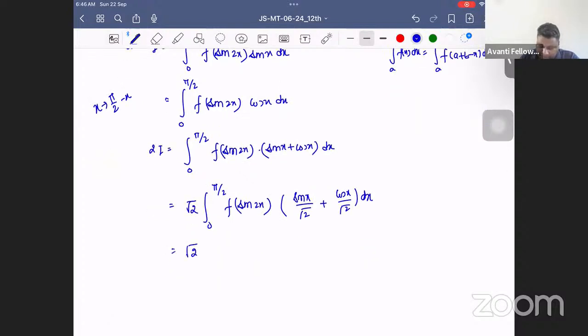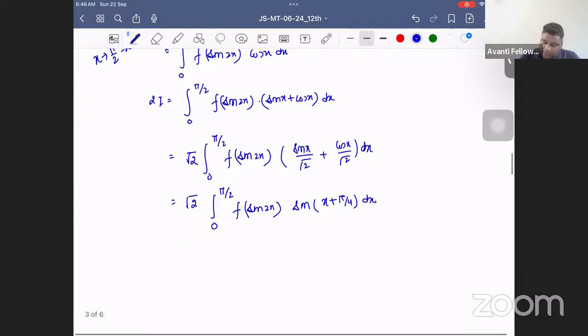So it will become under root 2 times integration 0 to pi by 2 f of sine 2x into sin of x plus pi by 4 dx. Am I clear? Now we will use a substitution.